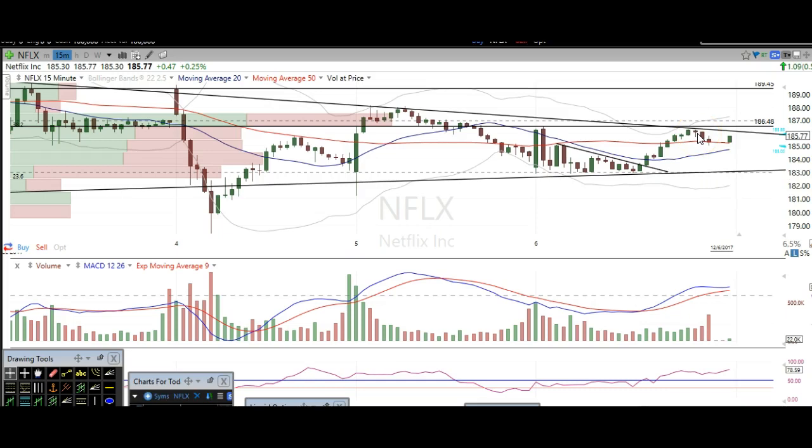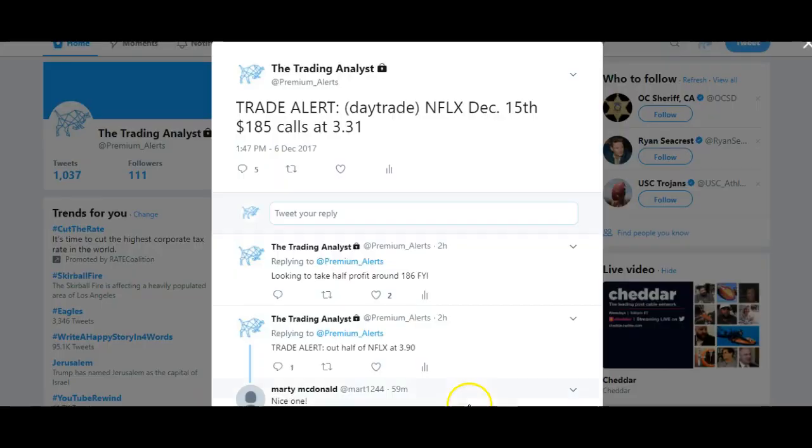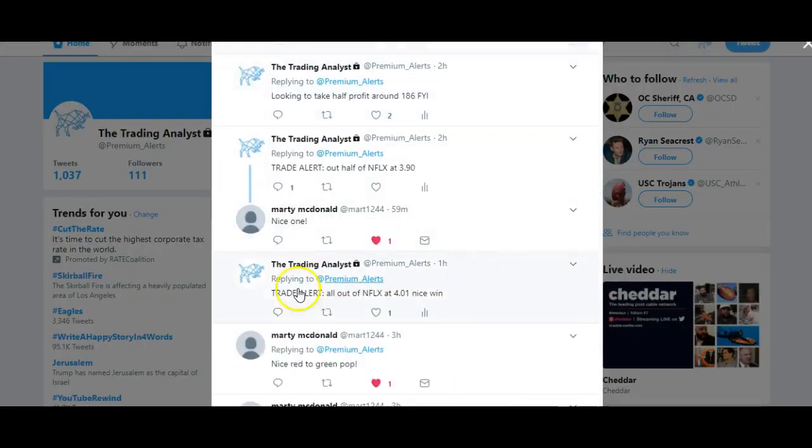Normally I'd probably hang on to it and see if we can get a breakout over that trend line, but because we were about 25 minutes before the close, and 9 times out of 10, you're not going to get a significant breakout in the last few minutes of trading in the market, we wanted to take profits on that last half, and that's exactly what we did. We exited right here, all out of the Netflix calls at 4.01, and that was a nice little win.